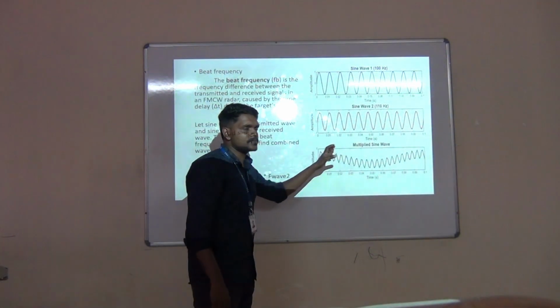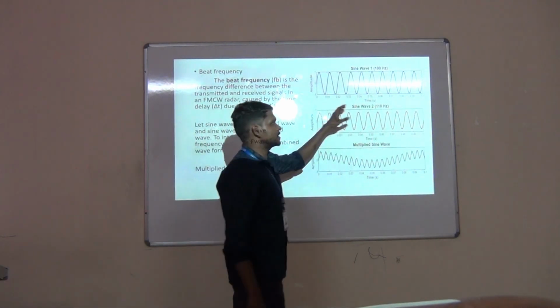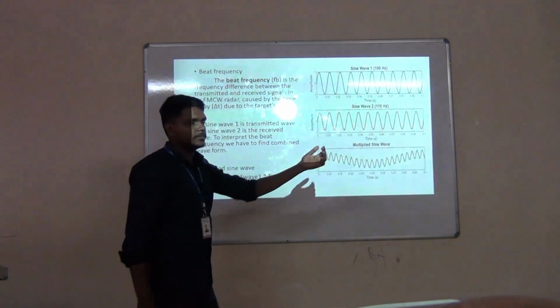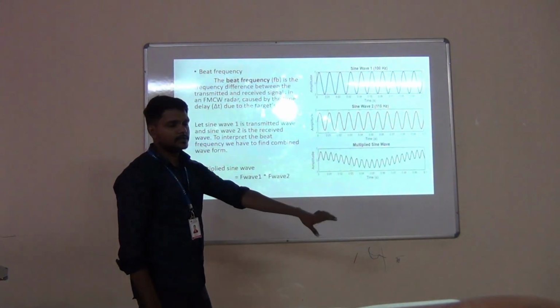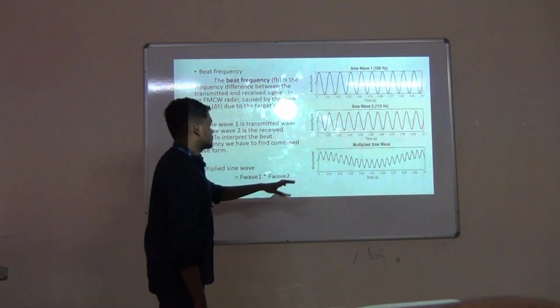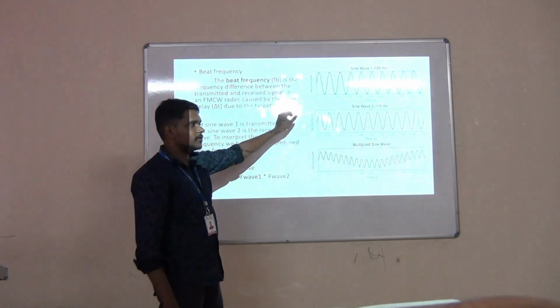As the target is moving towards us or away from us, the frequency gets changed, right? It will increase if it is coming towards us and decrease if it goes away from us. So there will be some difference, and this difference can be calculated.